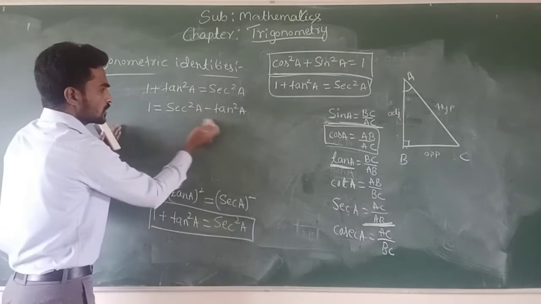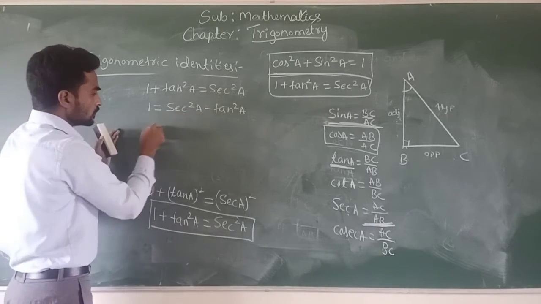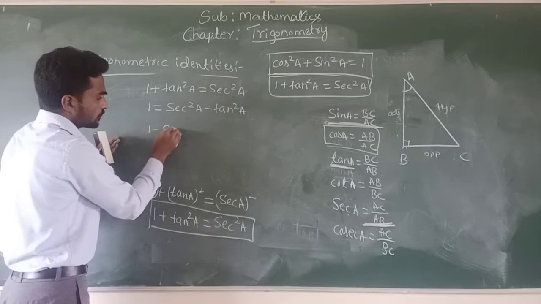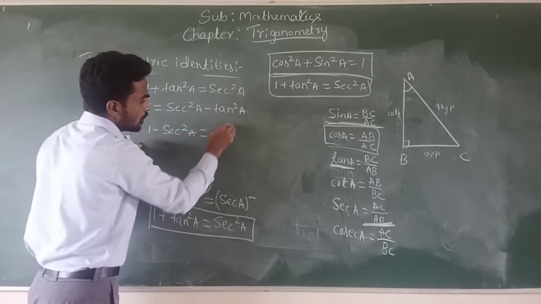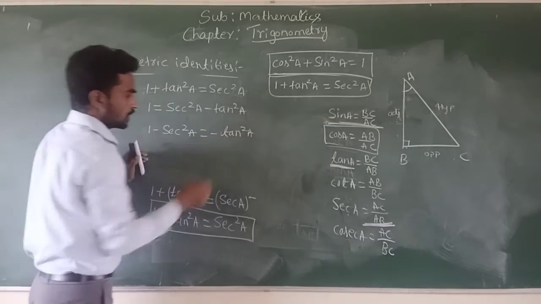Then by using this formula, 1 minus sec square A is equal to minus tan square A.